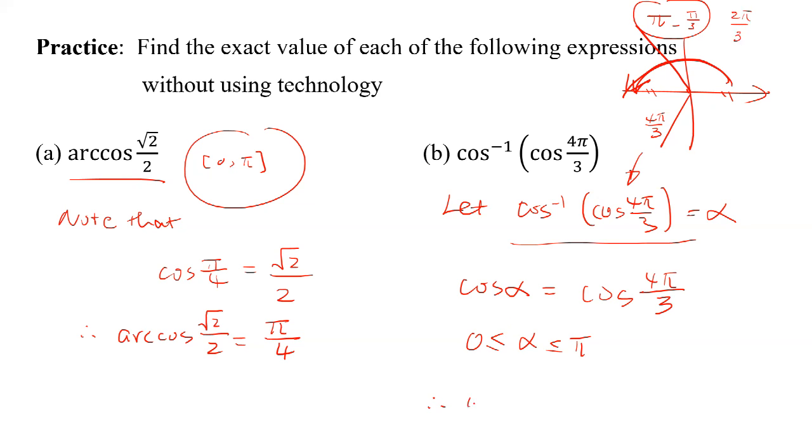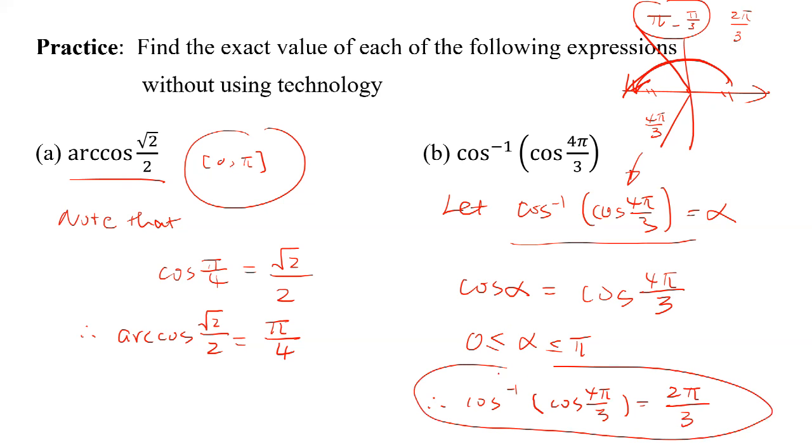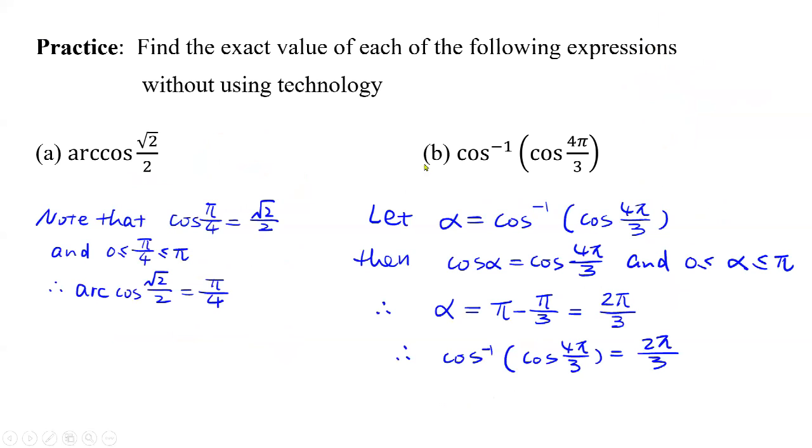So that means the inverse cosine of cosine 4 pi over 3 equals 2 pi over 3. Understand? Also, you can check the solution in the lecture slides after the class.